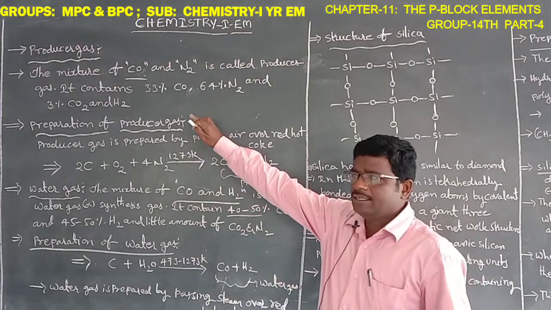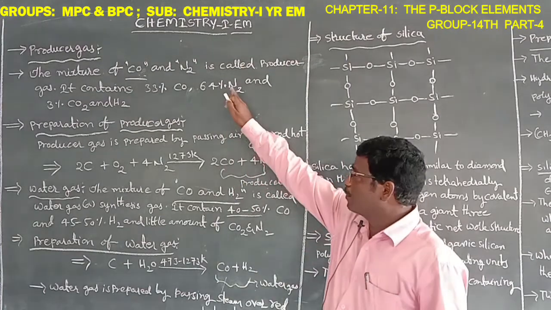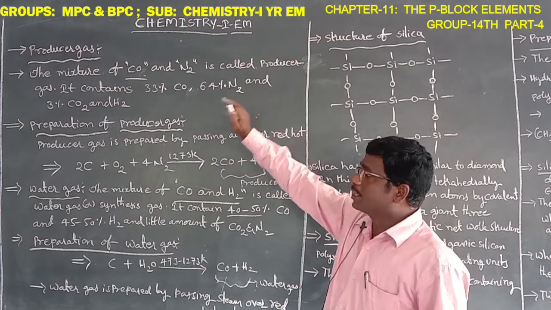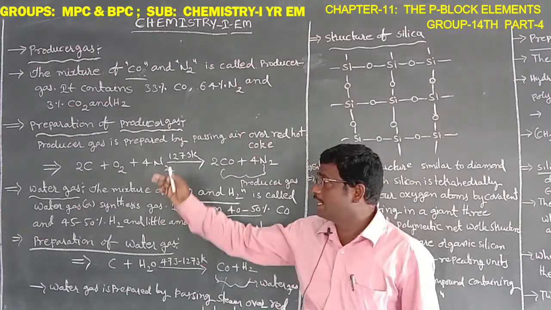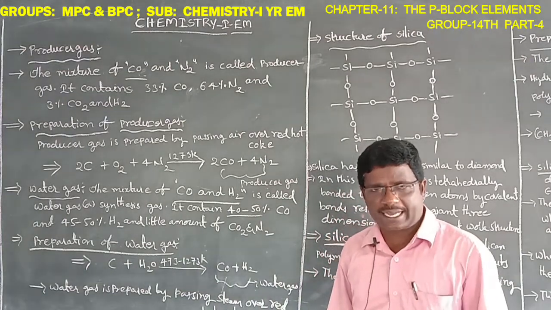It contains 33% carbon monoxide, 64% dinitrogen or N2, and 3% carbon dioxide and hydrogen gas. That mixture is also called producer gas.